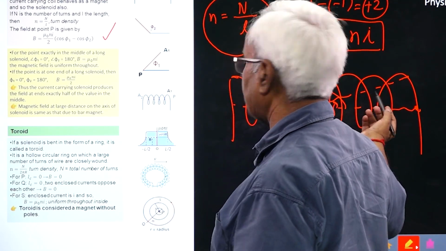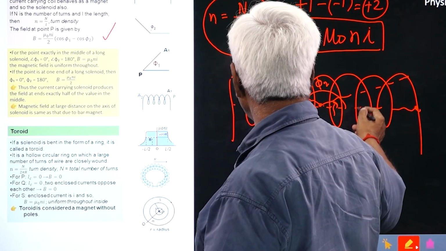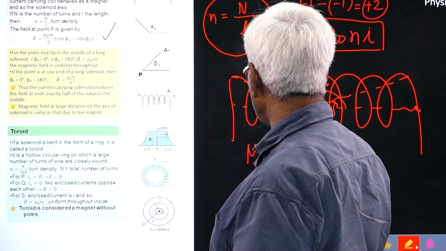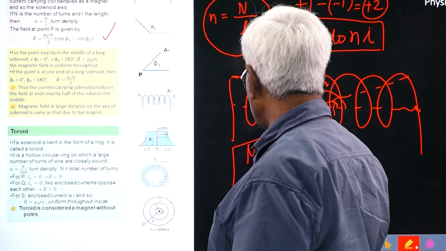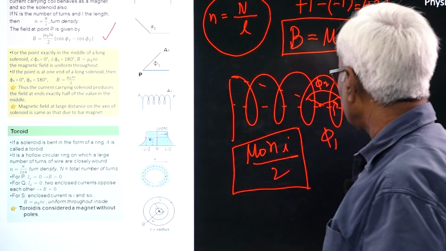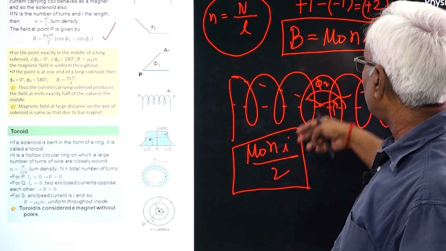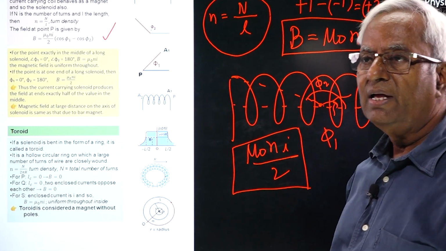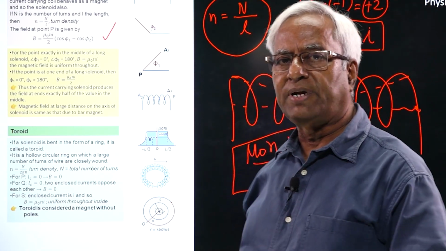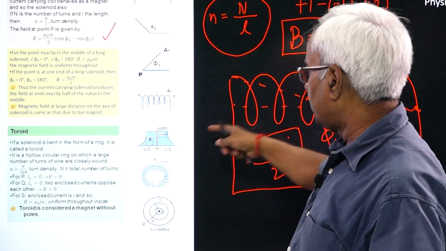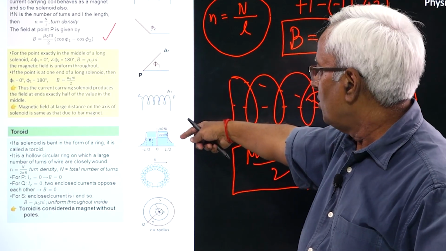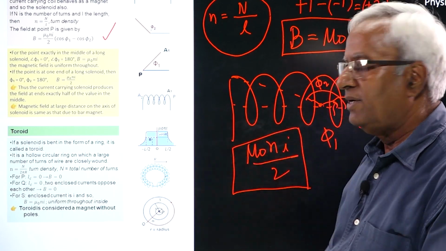Cos 90 is equal to 0, so this is going to be μ₀Ni/2. This again is one memorable result: the field at the end is exactly half of the value in the middle. Whatever field is produced in the middle, exactly half of it you obtain at the end of the solenoid. That's shown here, but this is not a drastic change. This takes place very slowly, or gradually, you might say.